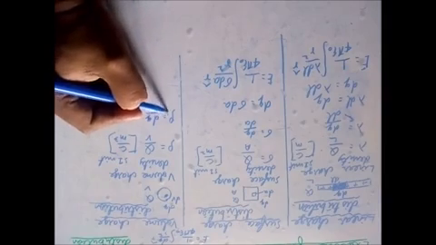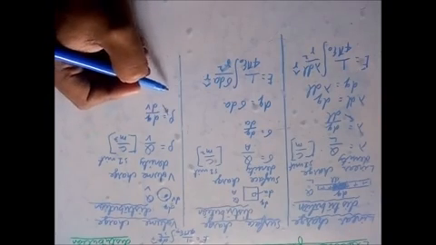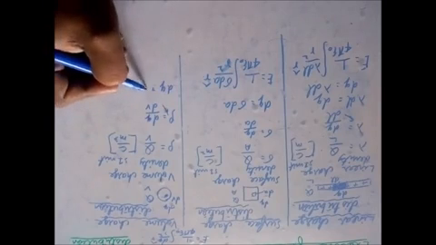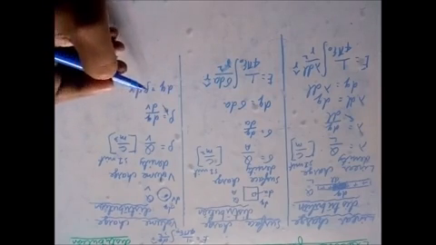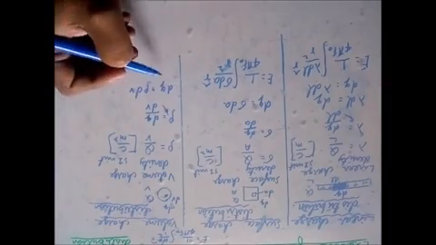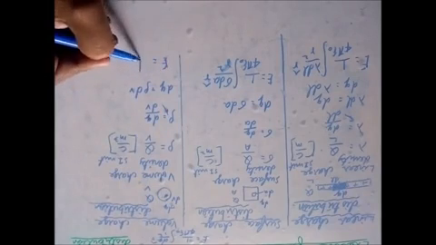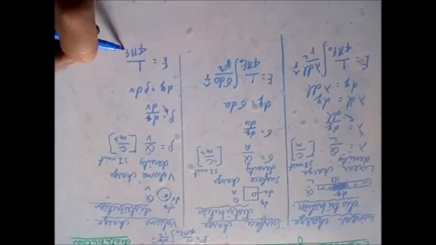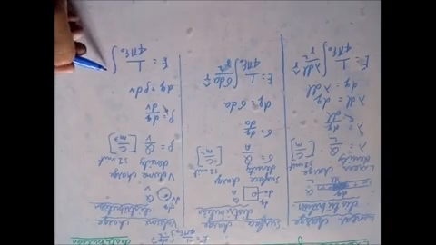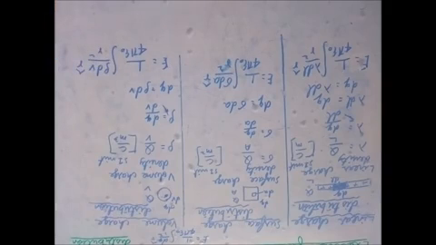Cross multiply and interchange, so we get dq is equal to rho times dv. Let me write in the formula for electric field. So electric field E will be equal to 1 by 4 pi epsilon naught into integration of rho dv by r square into r cap.